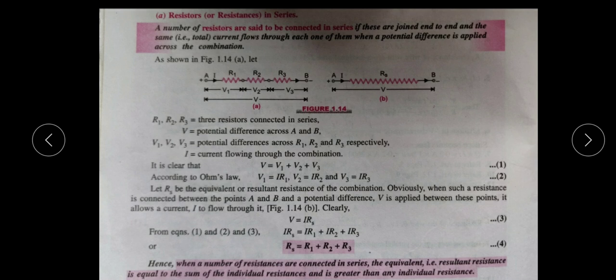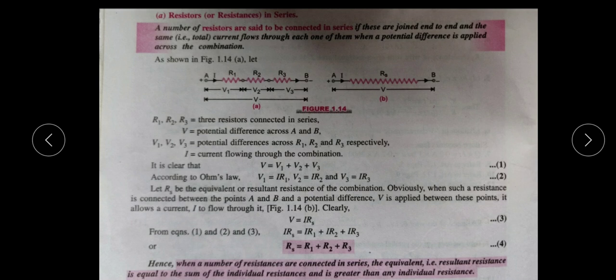Okay, look at the diagram. Three resistors R1, R2, R3 are connected in series. Let I be the current flowing through this combination, the total current and the current for each resistor. For example, I is equal to 2 ampere.